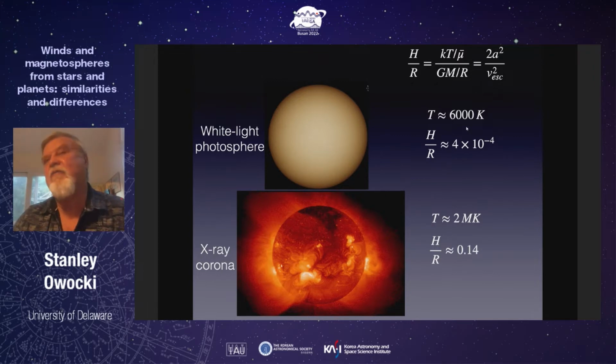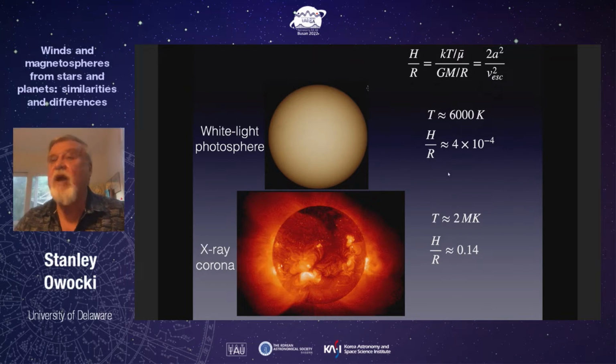When you square that ratio, the ratio of the scale height to the radius is only about 4 times 10 to the minus 4. That's the reason why the solar photosphere, even though it's gaseous and doesn't have a solid surface, has a very sharp edge to it, because the density is changing very, very rapidly. You're going from something that is opaque to something that is transparent over a very short scale.